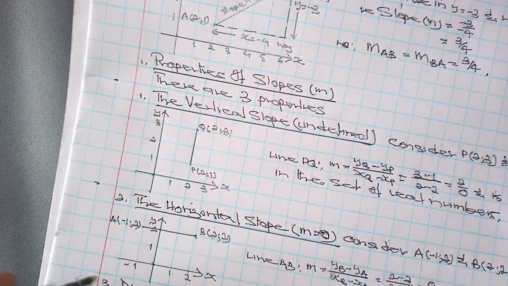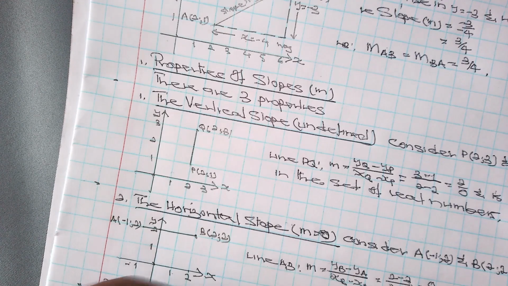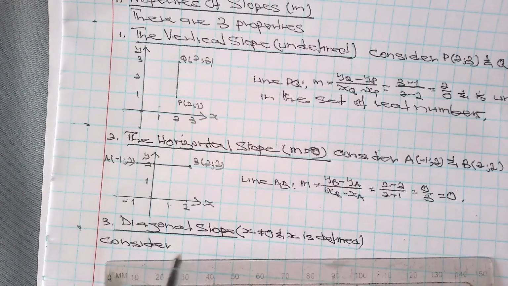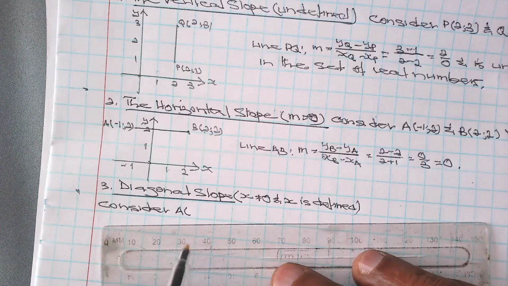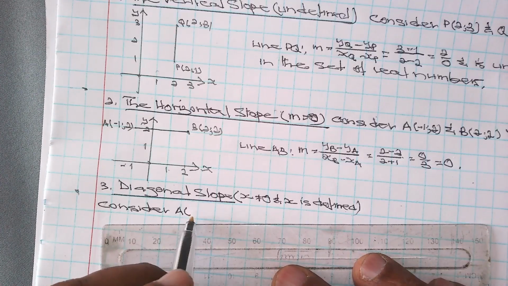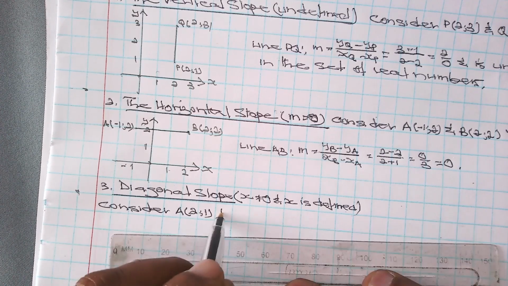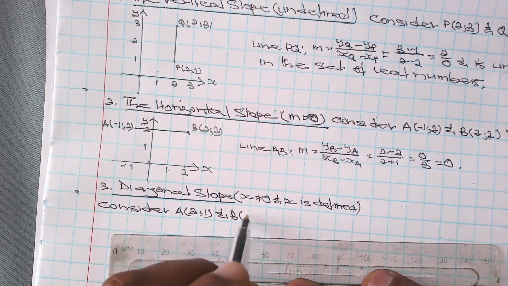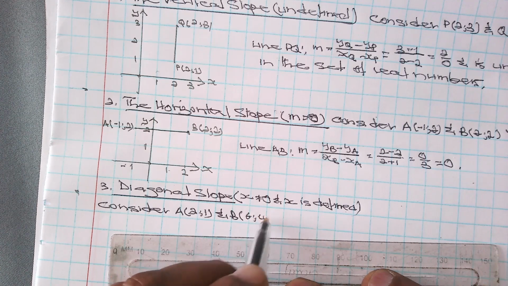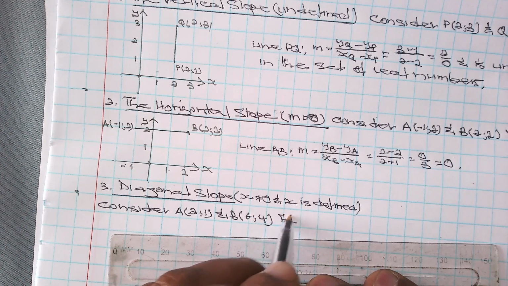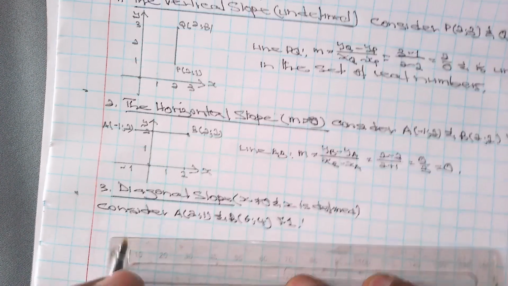Now consider point A, which is 2 and 1, and B, which is 6 and 4, from figure 1.